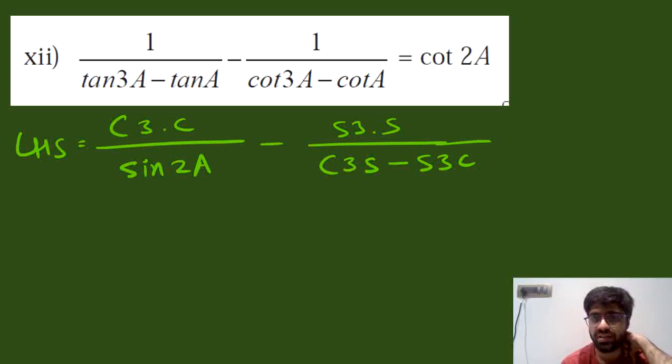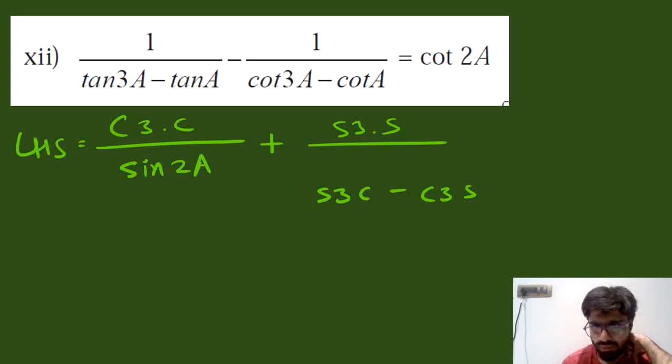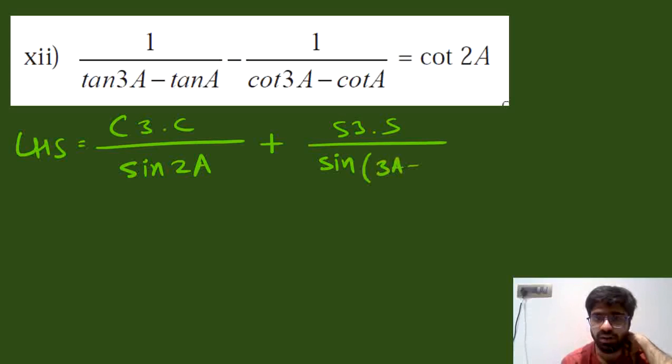So if I take a minus sign common from there, this becomes plus, and this becomes sin 3a cos a minus cos 3a sin a. Okay, now sin a cos b minus cos a sin b is again the expansion of sin a minus b. So this would be sin of 3a minus a, and that should be equal to sin 2a. Now because the denominators are the same, we can simply add up the terms in the numerator.